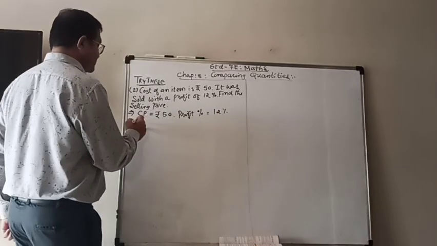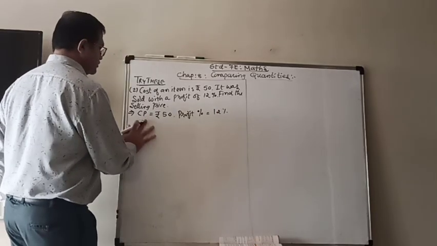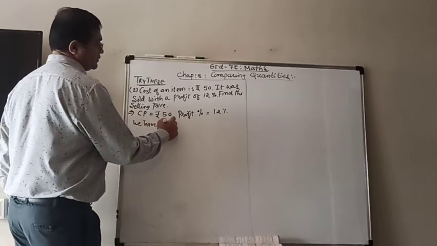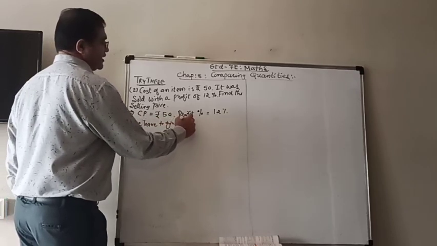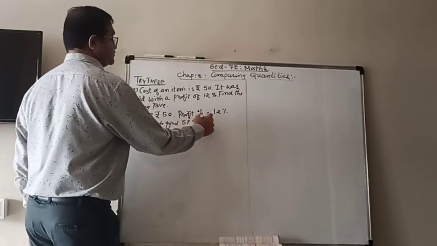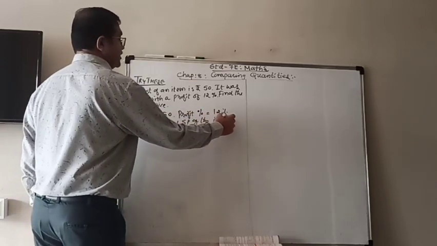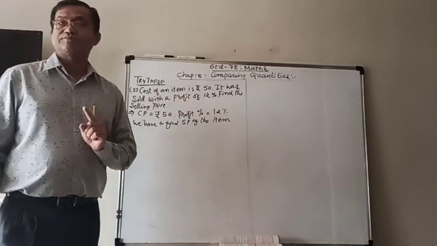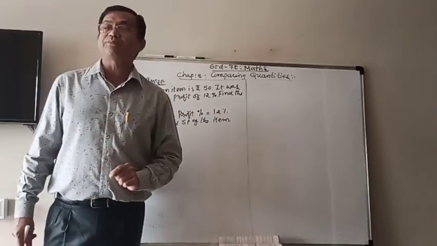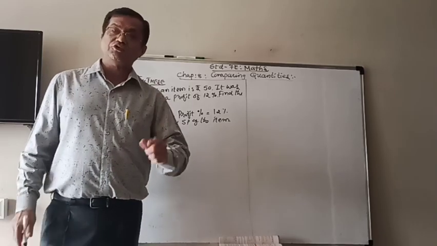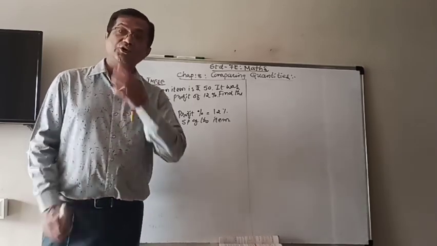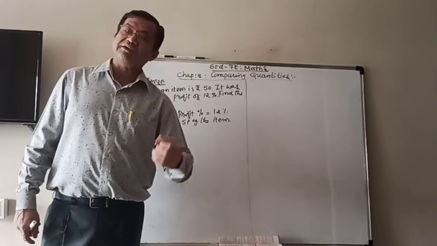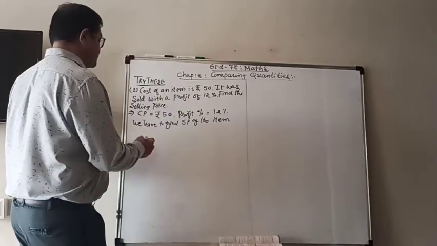And we have to find the selling price of the item. So now here also, as I told you, it is not profit 12 rupees, but it is 12% profit. So first we have to find the profit in rupees, that how much rupees is the profit, and then we can find the selling price.